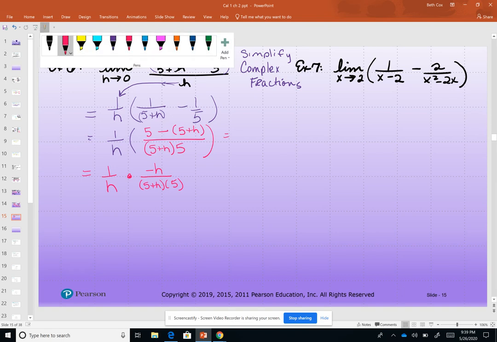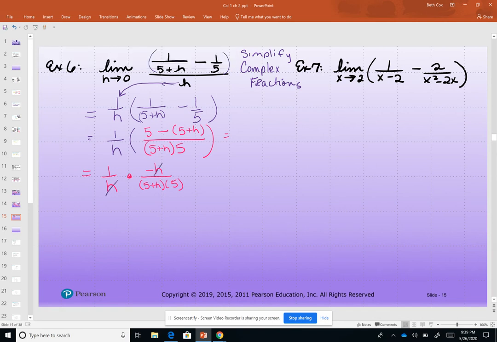Now notice I can cancel. That's why we're doing this, trying to get it so that we can plug in the h. So that goes away, and I have negative 1 over (5 plus h) times 5, and I can plug in now. I can do the limit as h goes to 0.